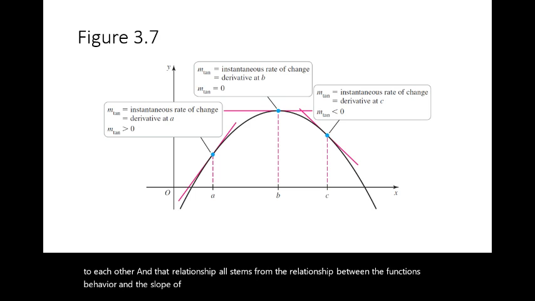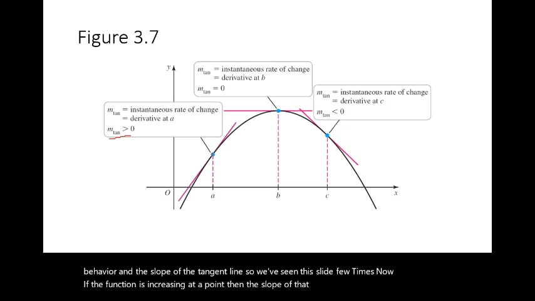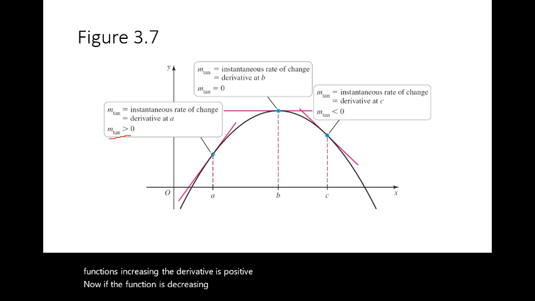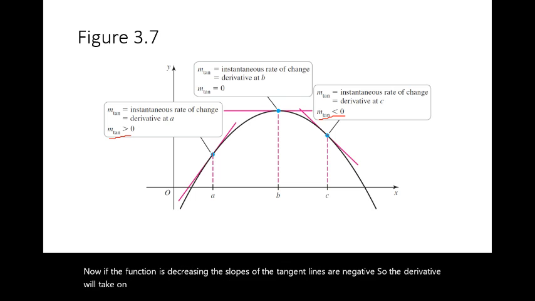We've seen this slide a few times now. If the function is increasing at a point, then the slope of the tangent line, or the derivative, is positive. So the derivative will take on a positive value if the original function is increasing. Now, if the function is decreasing, the slopes of the tangent lines are negative, so the derivative will take on a negative value.